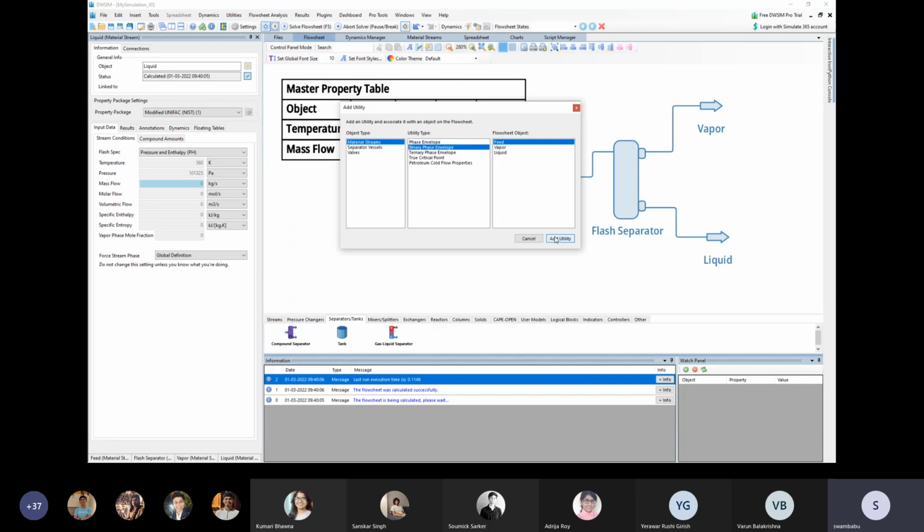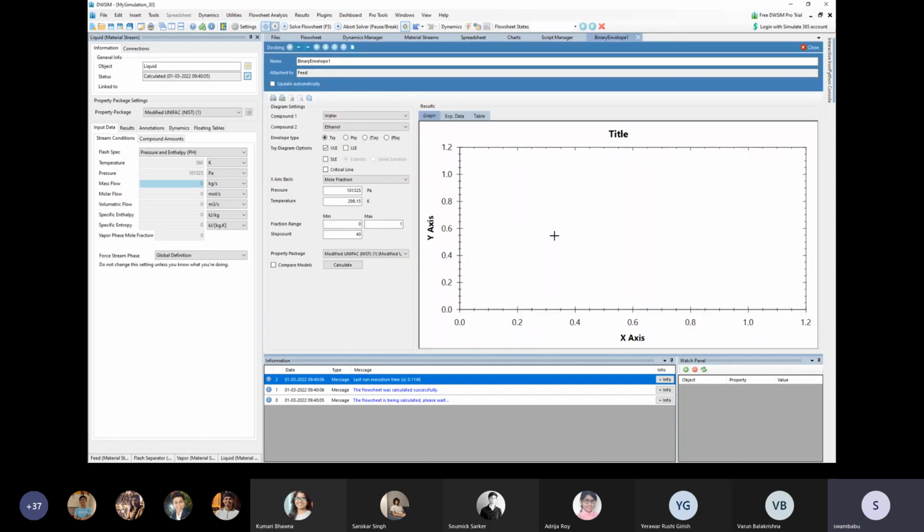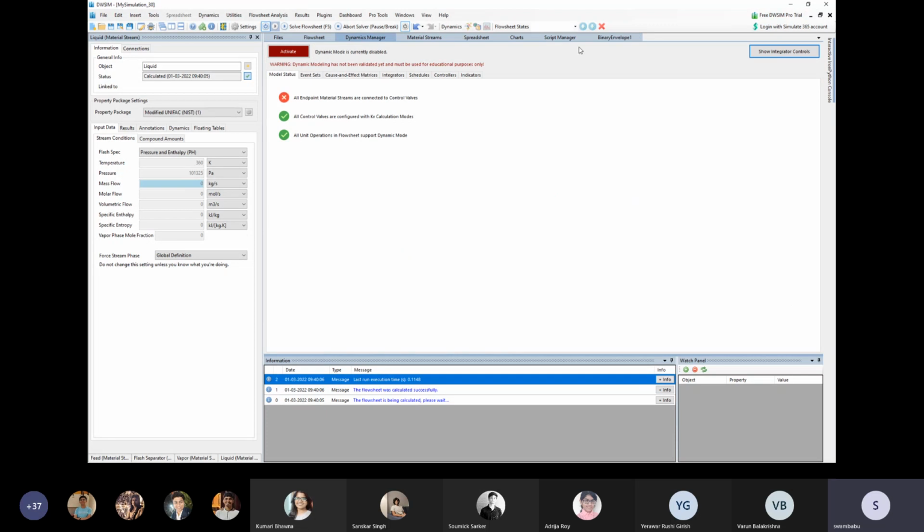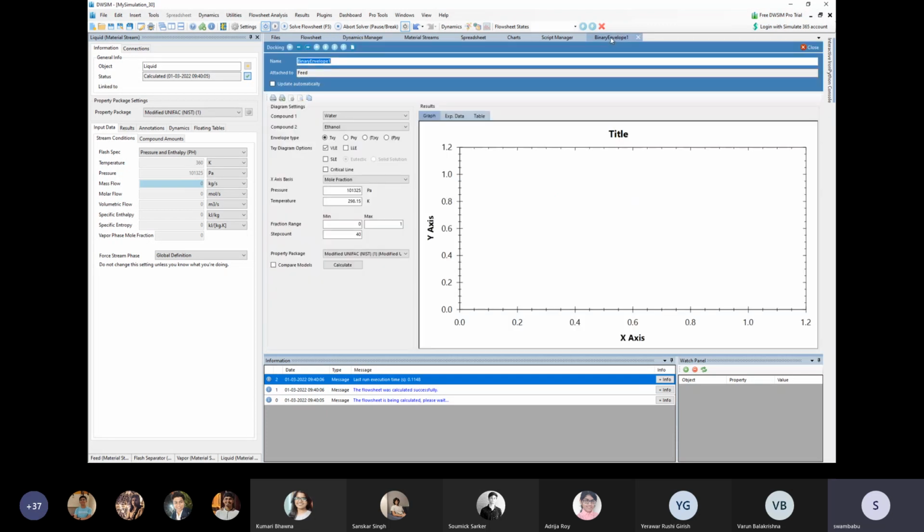So we click utility, then we get this. Earlier I showed you the files: this is the flow sheet, the dynamic manager, and a new tab will open, which is the binary envelope.